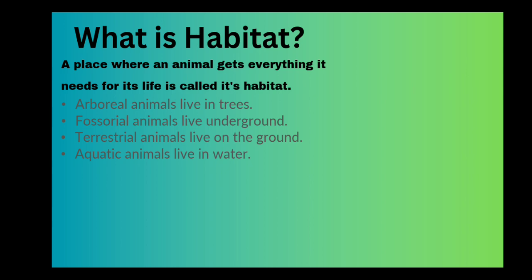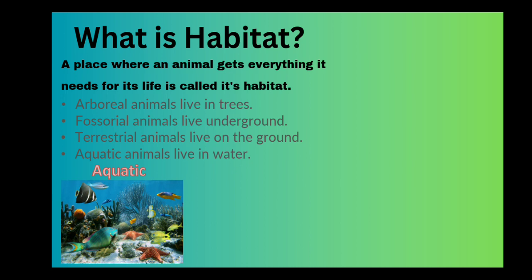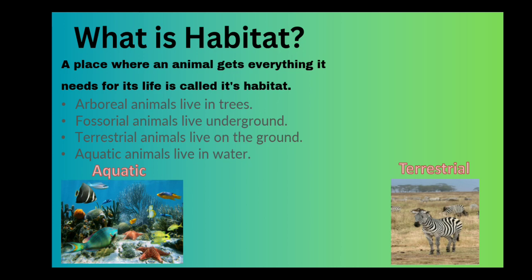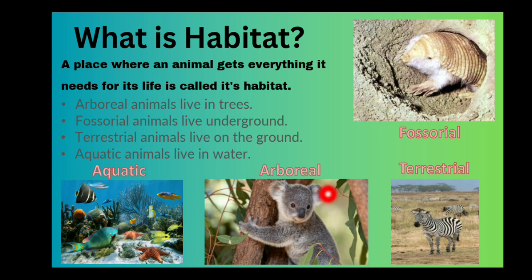A place where an animal gets everything it needs for its life is called its habitat. And there are different kinds of habitats. Arboreal animals live in trees, and fossorial animals live underground. Terrestrial animals live on the ground, and aquatic animals live in water. So this is an aquatic habitat, terrestrial habitat where terrestrial animals live, and arboreal animals that live in trees like monkeys and koalas.